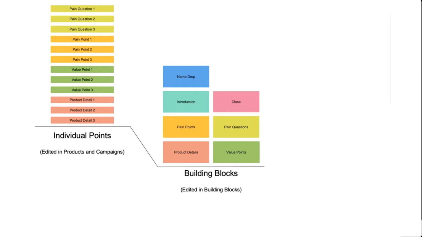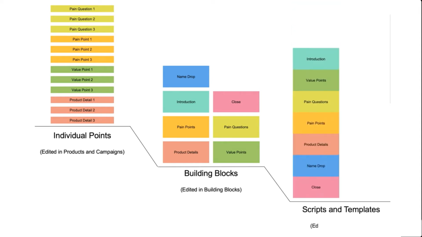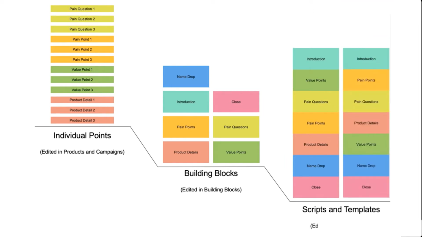I'll show you what those individual blocks look like, but the key thing here is that if you have those blocks, then it's extremely easy to take them, in the same way that you would build a house or build something out of raw materials, and use those raw materials of building blocks to create all of your different scripts and emails and voicemails, and I'm basically going to show you what that looks like.